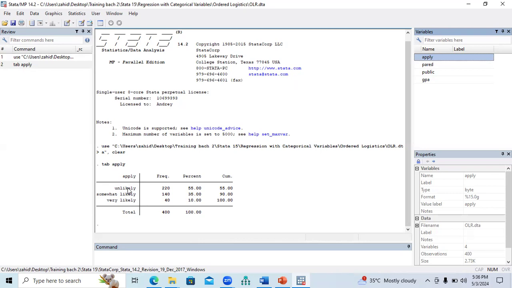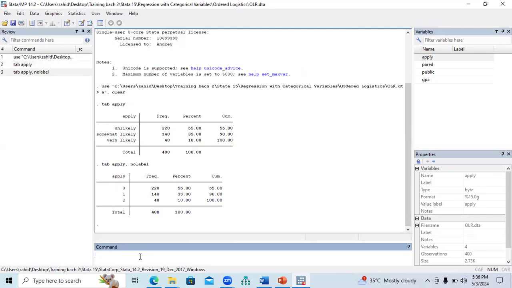You can also consider these three categories with their labels or without their labels. So I can write here tab apply, comma, nolabel. It will be shown with their coding.